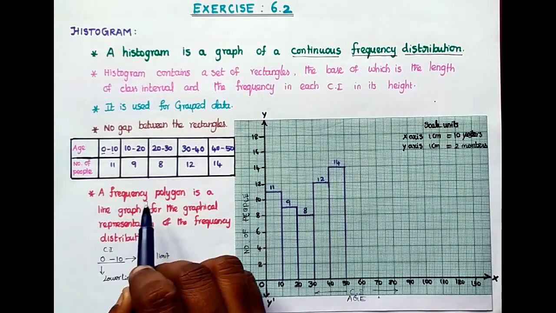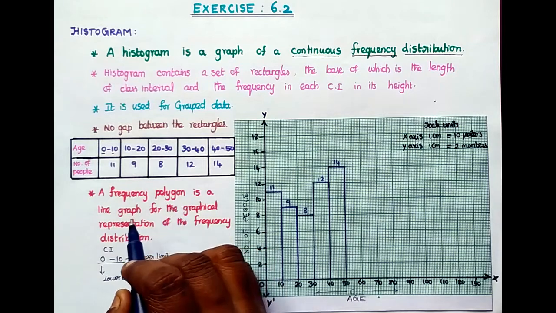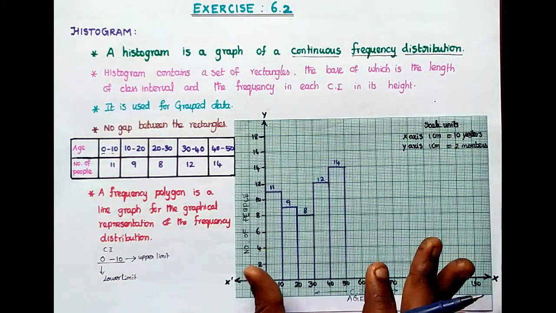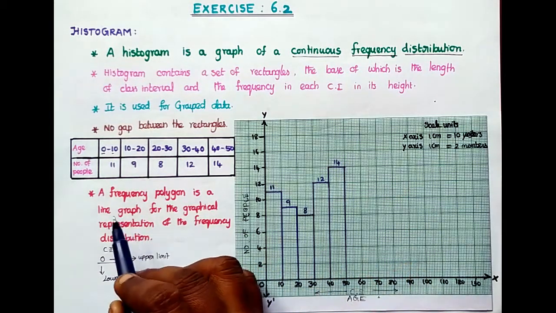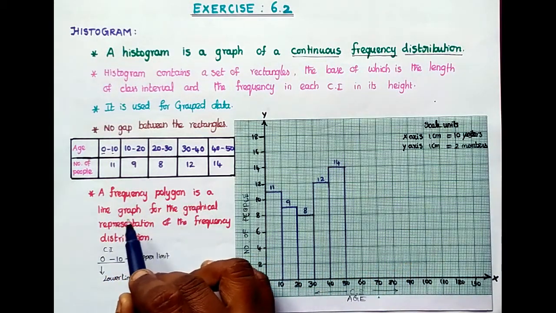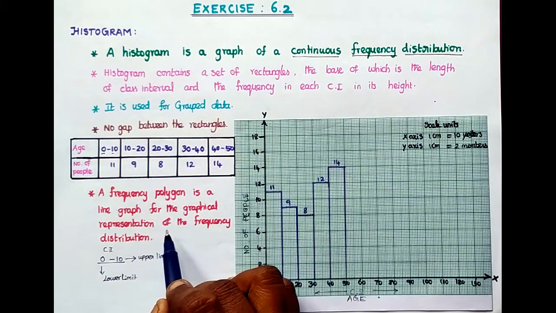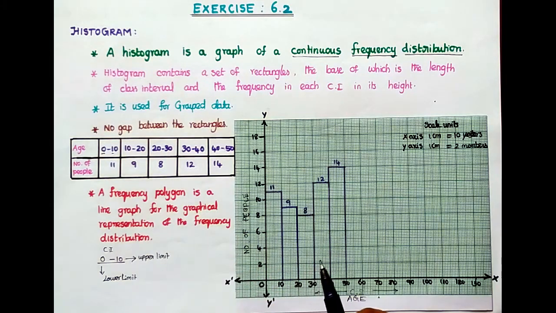Now a frequency polygon. How will you draw the frequency polygon? Draw the histogram first, and then the frequency polygon is a line graph for the graphical representation of the frequency distribution.